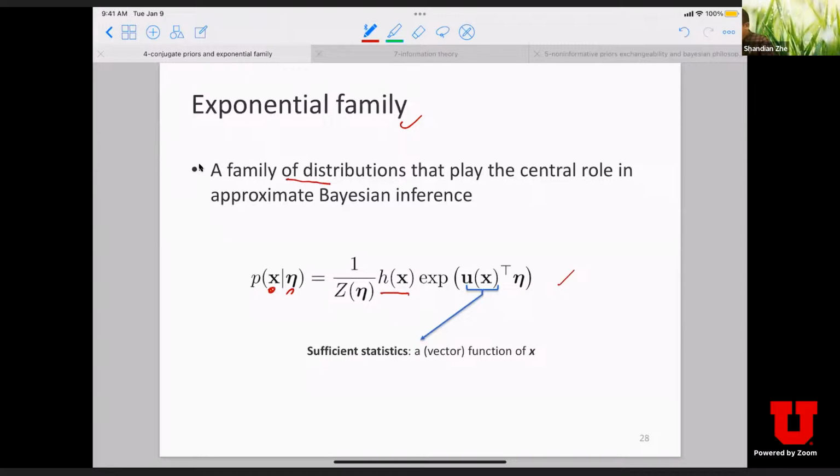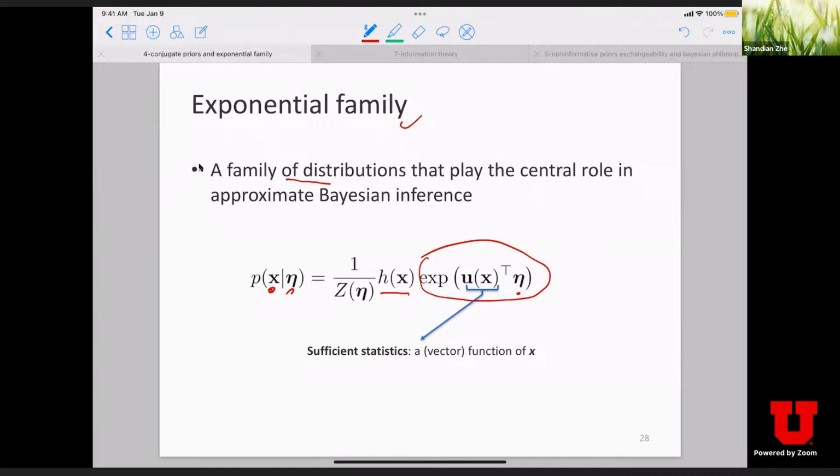Then the key structure is this exponential term. In the exponent, we see a linear structure, a dot product between a function of x, which we call u of x, and the natural parameter eta. The u of x is really viewed as a vector, so it's a multi-output or vector-output function.